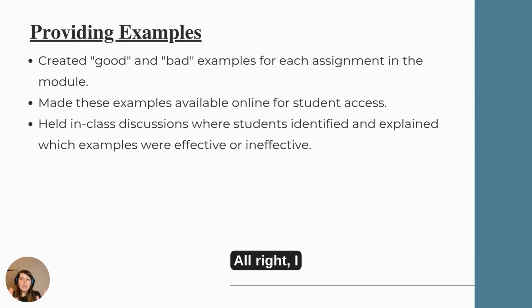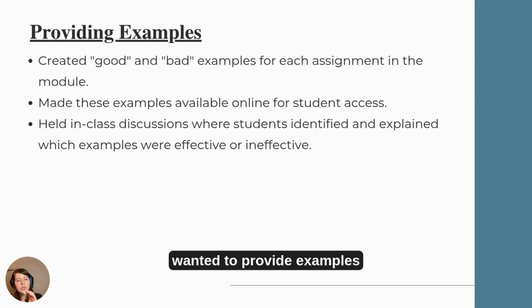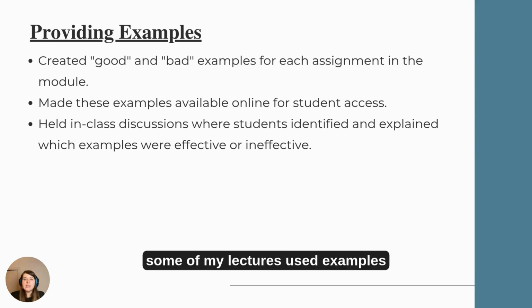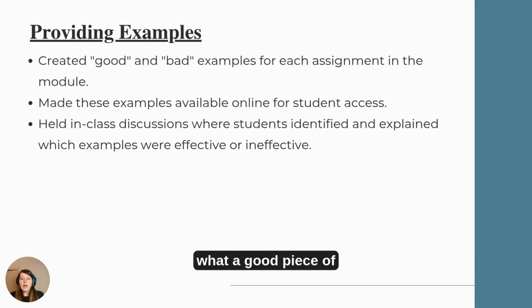All right. I also really wanted to provide examples for my students. When I was doing my master's at Griffith College Dublin, some of my lecturers used examples from previous students to illustrate what a good piece of work looked like.